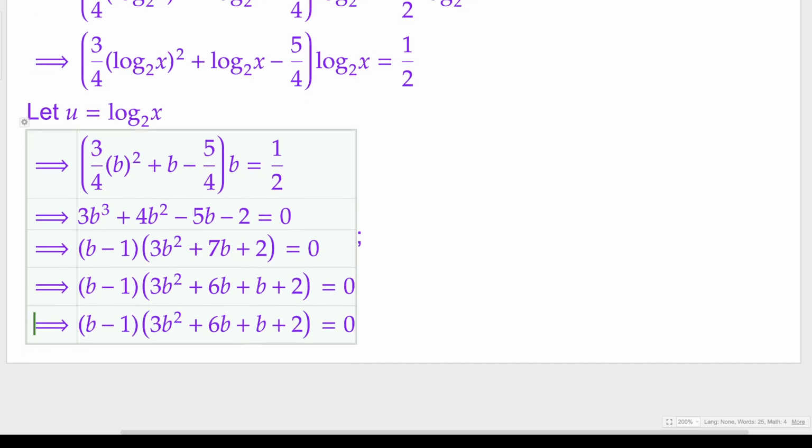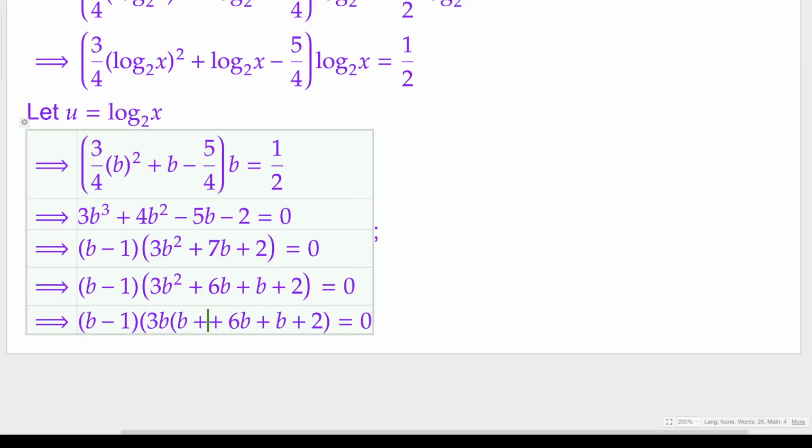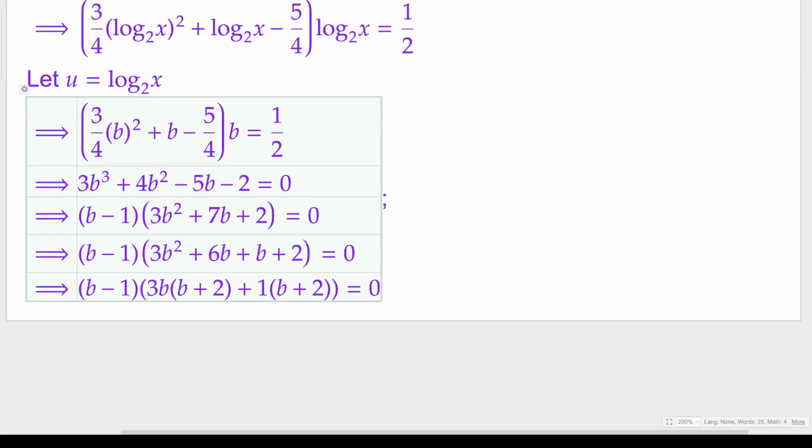Solving this quadratic expression, if I resolve this part, you can observe 3b is common here, so this will be b plus 2. And here 1 is common, so again the other factor is b plus 2.